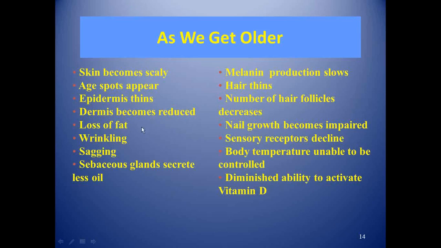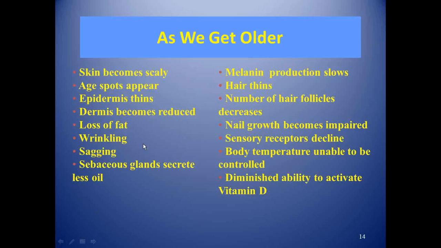The dermis itself is going to become thinner as well. Wrinkling, the elastin is not as prominent as it used to be, so there's more wrinkling and sagging of the skin, and the sagging part also comes from losing tissue over time. Don't have as much oil glands secreting like you did before.